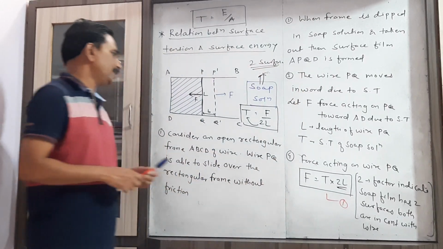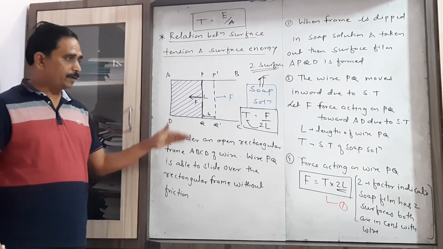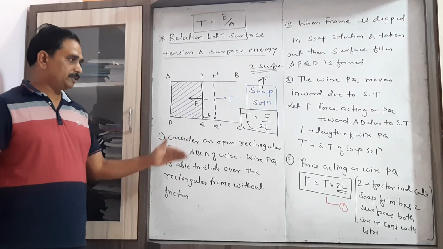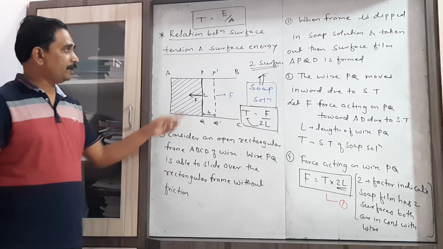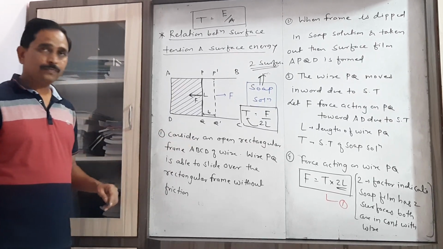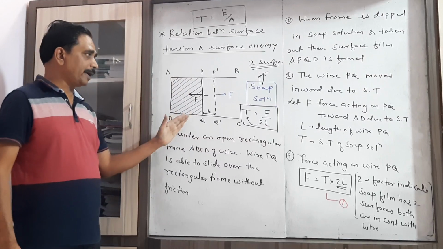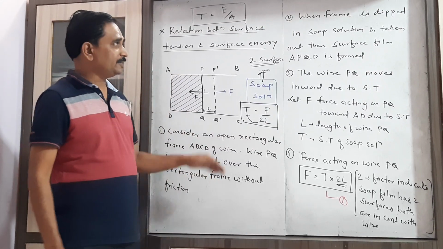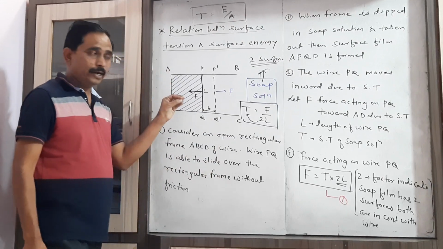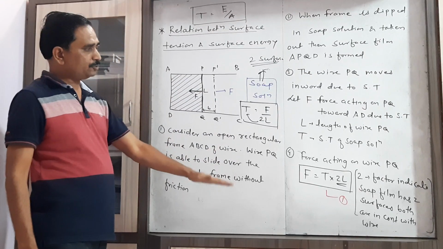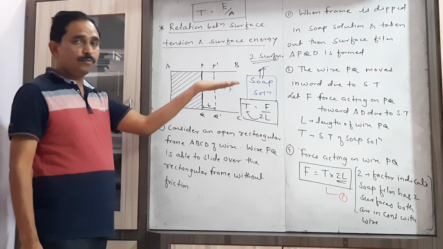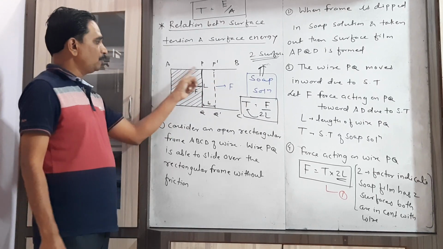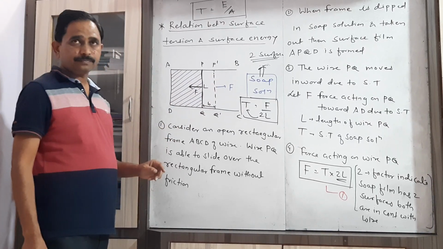So, quickly revising: we consider one open rectangular frame ABCD on which we take one wire PQ. That wire is able to slide over this frame without any friction. Then consider that the rectangular frame is dipped in a soap solution and then removed gently so that a soap film will be formed.